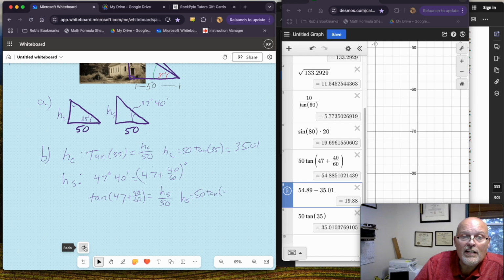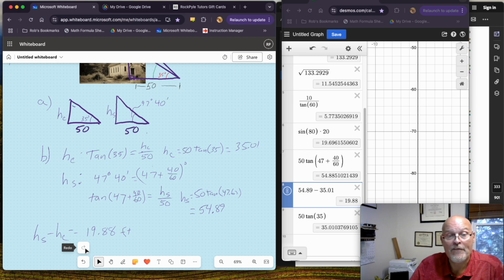So the height to the top of the steeple from the ground, sorry, is 50 tan 47.67, which comes out to 54.89. Now I'm not sure if the question is asking for the height at the top of the steeple or the height of the steeple itself, but to find that, I would take the top of the steeple and subtract the bottom of the steeple, and that would give us 19.88 feet. And that's how we do it.